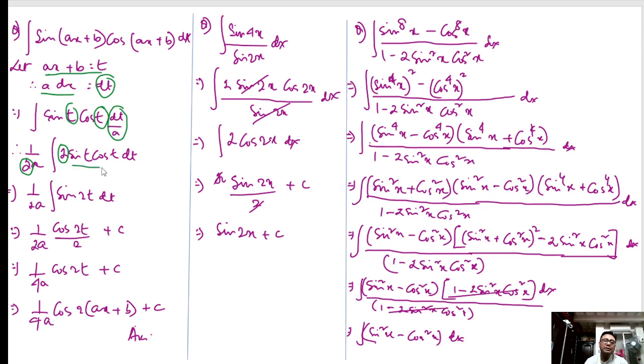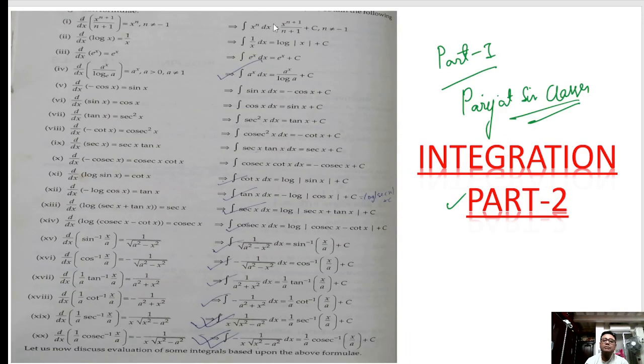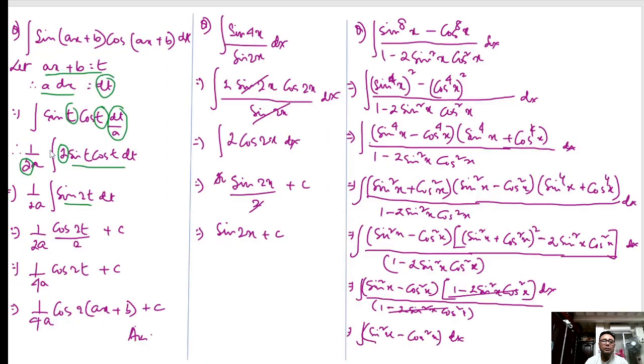2 sine t cos t is sine 2t, and integration of sine x is minus cos x. So in this formula, integration of sine 2t becomes minus cos 2t by 2, because it is 2t.